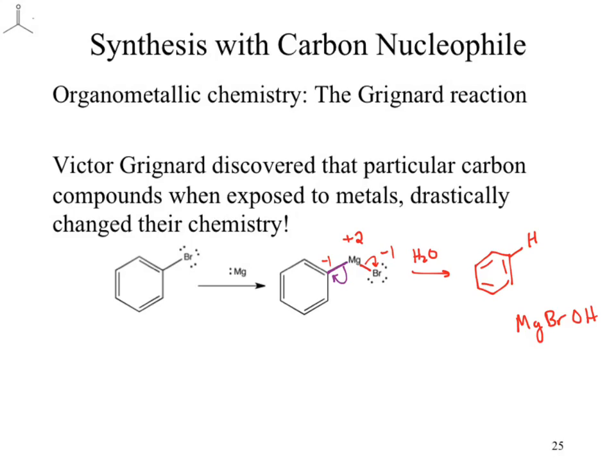What happened to our carbon being a good nucleophile? It's now become completely useless. Okay? Not only has it lost its nucleophilic characteristics, but it's taken a step further. We started with an alkyl halide. Halides at least have some chemistry. What did we end with? Just benzene.